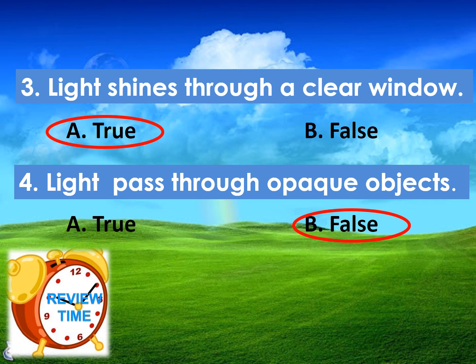When you go and stay under the sunlight, what do you see? You can see your shadow. Why? Because your body doesn't allow the light to pass through it. What does it do? It blocks it.